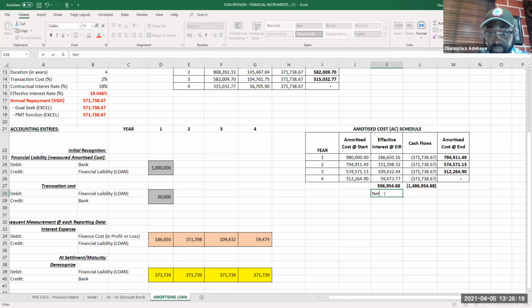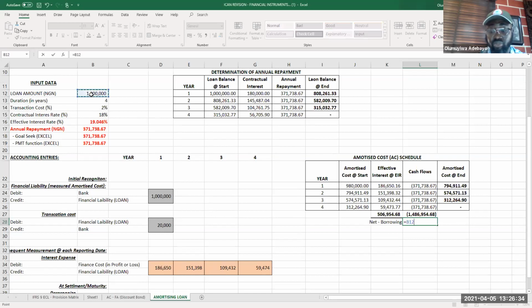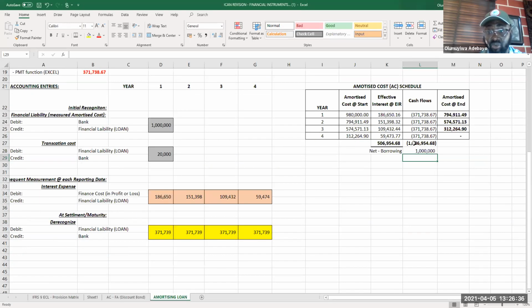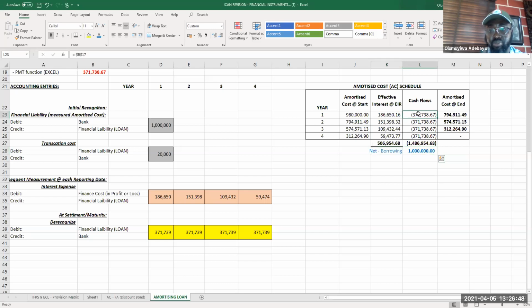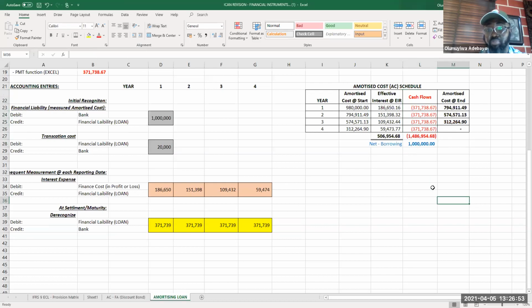How much was the borrowing we made? We borrowed how much? Let's go back to what we borrowed. We borrowed 1 million. Let me put cash flow in red. And we repay 1.4.